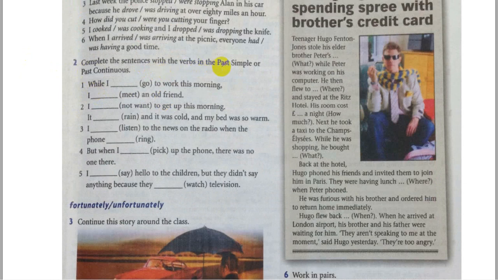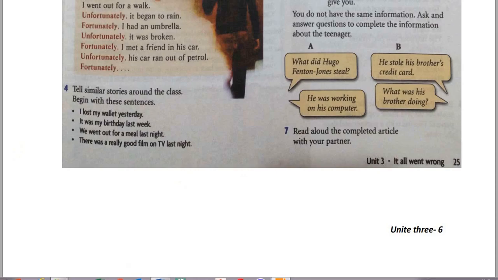Complete the sentences with the verbs in the past simple or past continuous. While, we know that with while we have to use ing. So, while I was going to work this morning, I had this lecture.